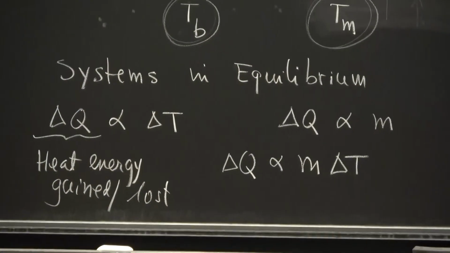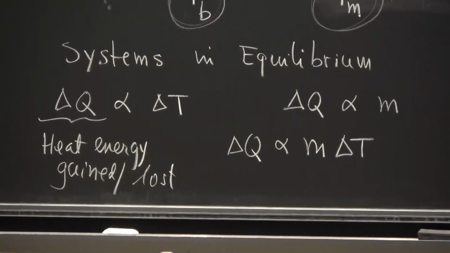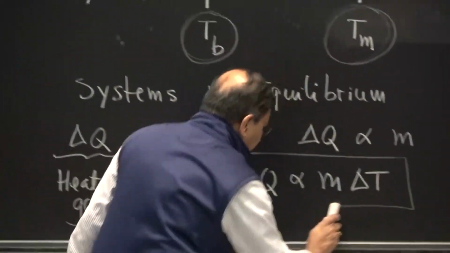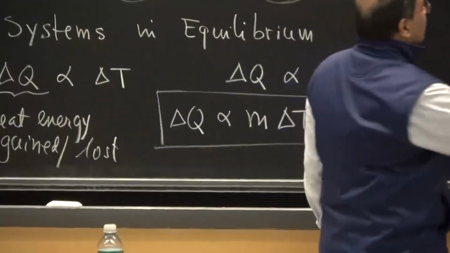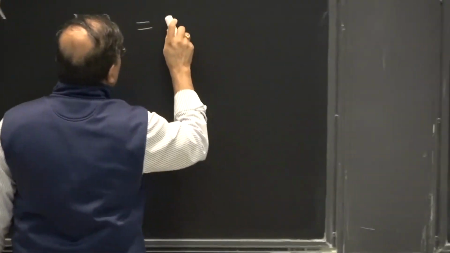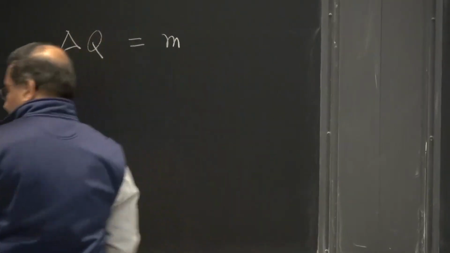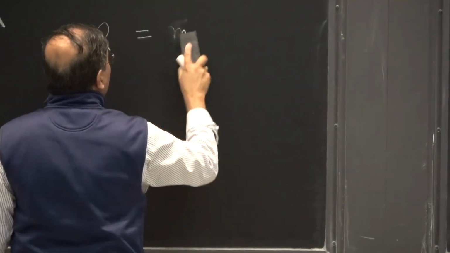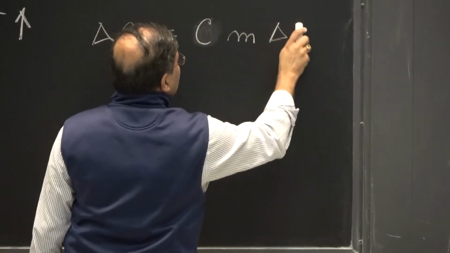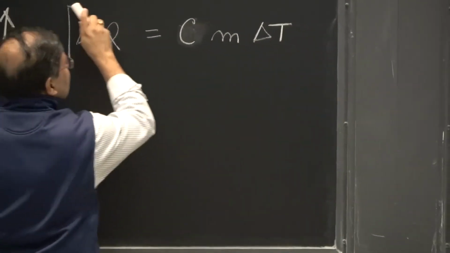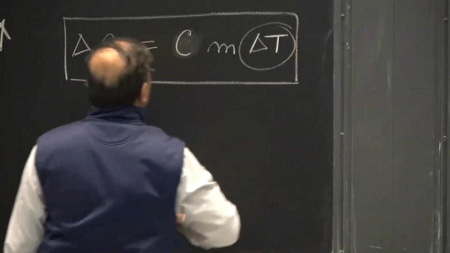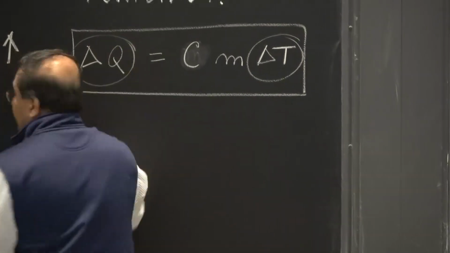Delta Q is proportional to mass times delta T. Whenever we have proportionalities like this, we convert them to equations, and in this case the equation would be delta Q is, let me put a constant here, C, mass times delta T. So this now becomes a useful equation that allows us to measure for a certain change of temperature how much heat is gained or lost.